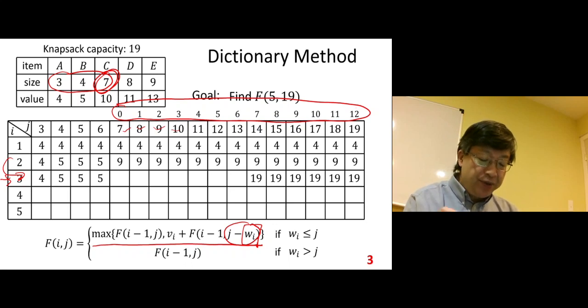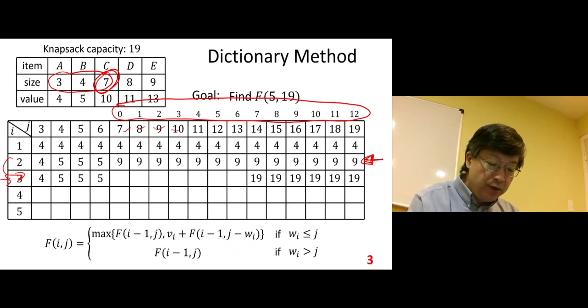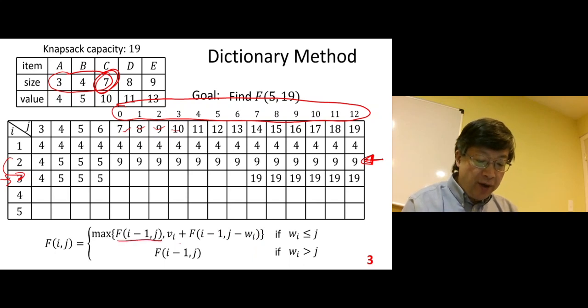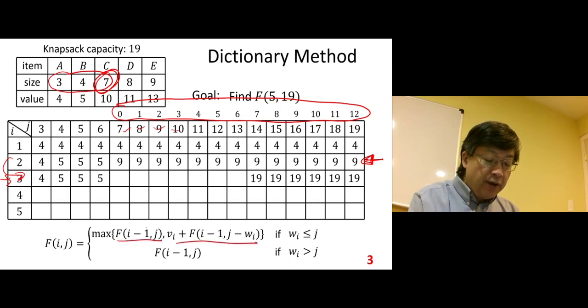Because I need to use I minus row, that is the second row, and the value, I need to compare these 2 values. One is under the same J, that number.